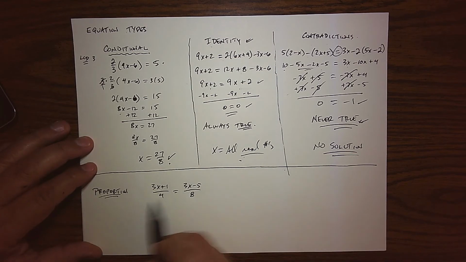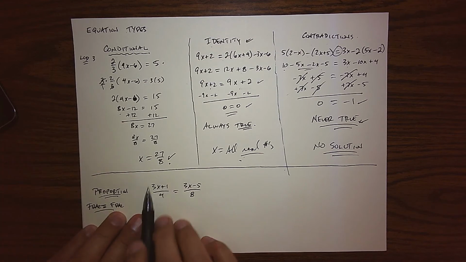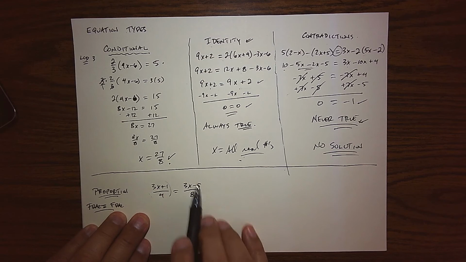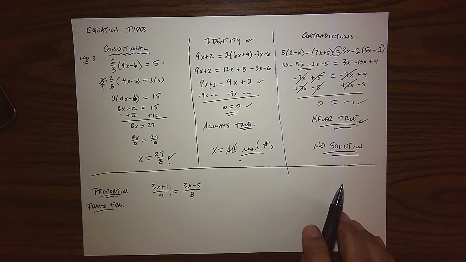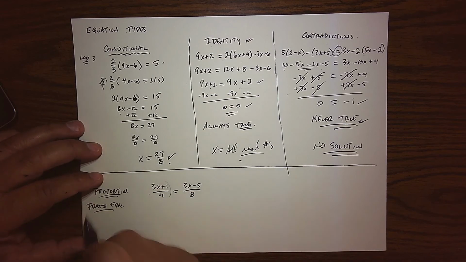What happens in a proportion is we have a fraction equal to a fraction. I have one fraction on the left-hand side, and I'm claiming that it's equal to a fraction on the right-hand side. And it turns out that when we're solving a proportion, another way to solve it is to use this real famous trick called cross multiplication.